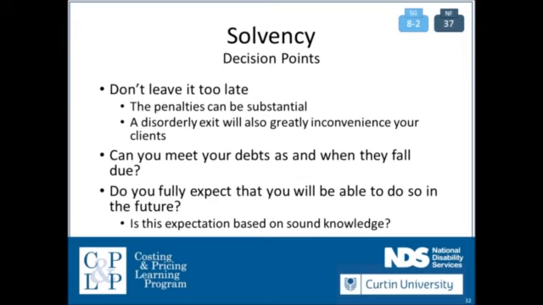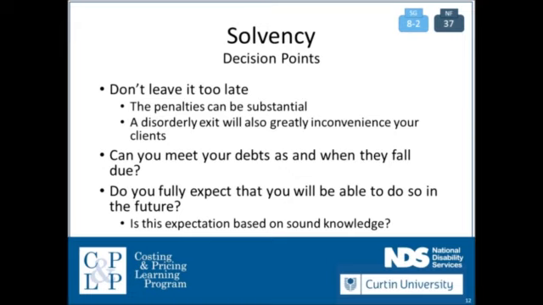From a solvency perspective, you do need to be looking at that 18 months to 3 years out cash flow requirements, because solvency cannot be left until you are trading insolvent. Particularly from a director's perspective, there are criminal and other impacts associated with that that they need to be aware of, but also from your client's perspective.